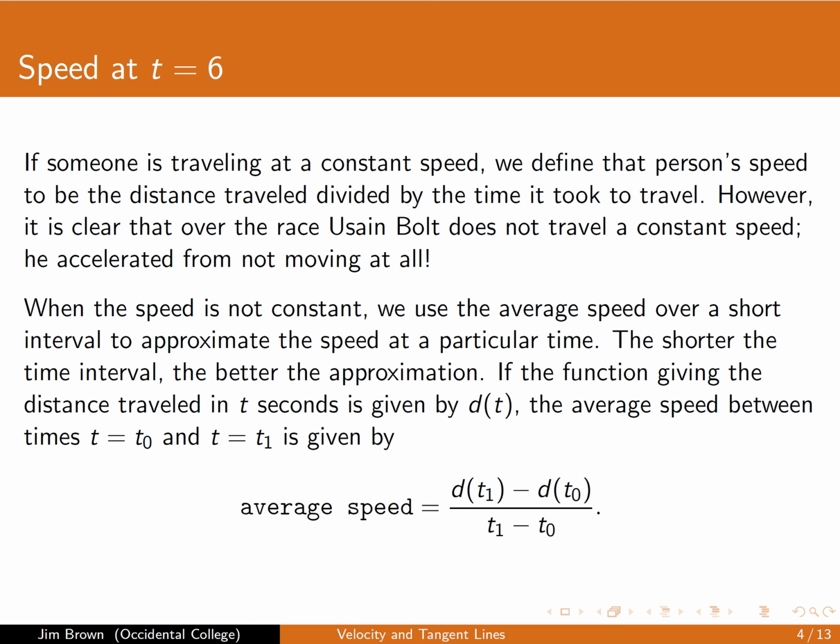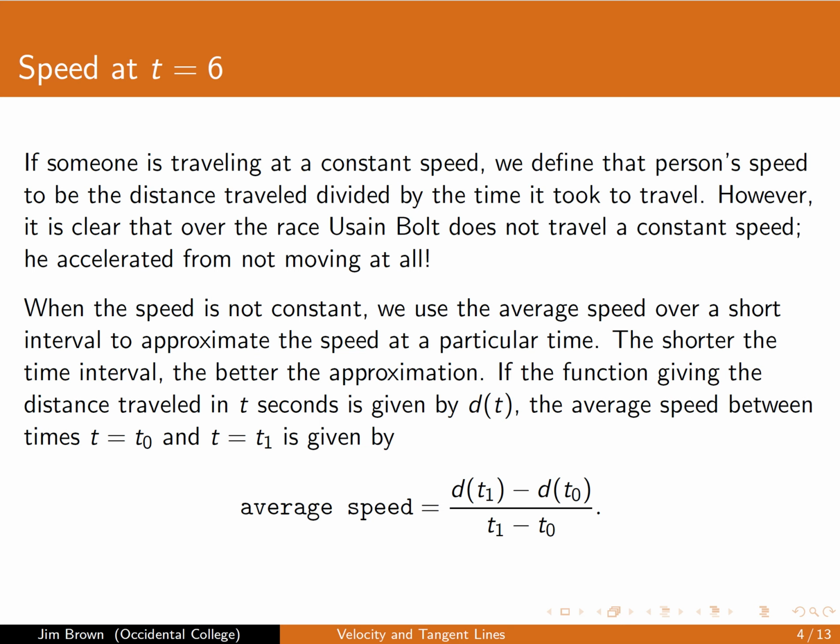So for this, we'll use the average speed. For the average speed, say between time t equals t0 and time t equals t1, we'll take d of t1 minus d of t0. That's the distance traveled in that time, because you start off at d of t0 and then go a little bit more to get to d of t1, so the difference between those is the distance traveled over that interval.